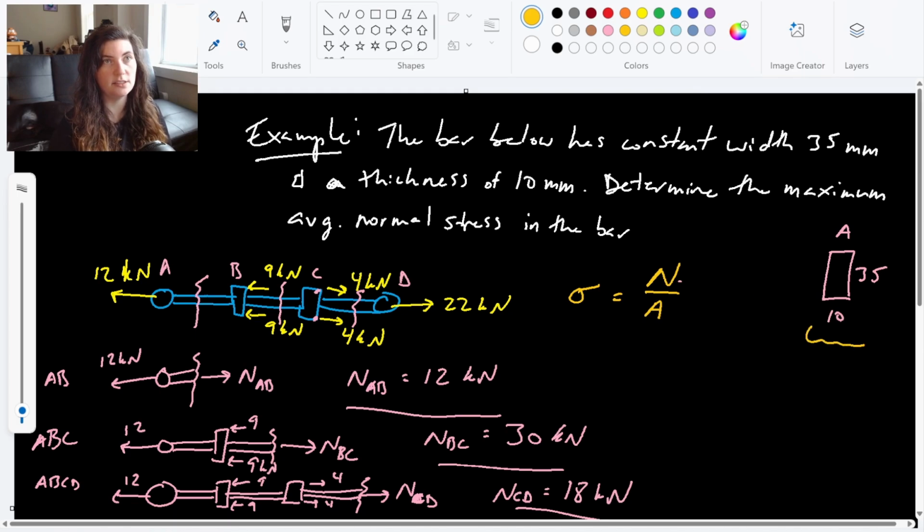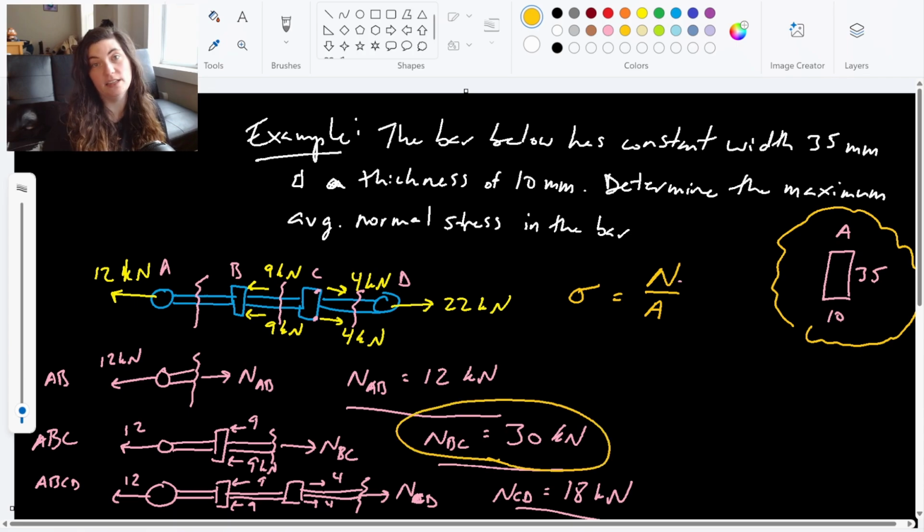The area is constant for all of these. So really, which one would give us the maximum average normal stress? Our highest normal force, right? Our highest normal force is going to give us our highest normal stress.